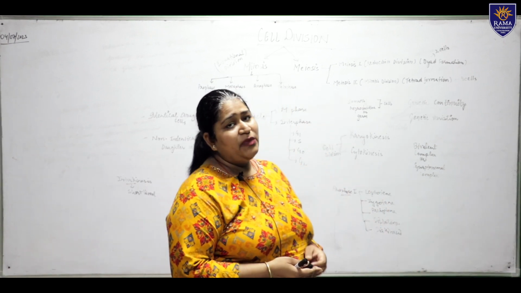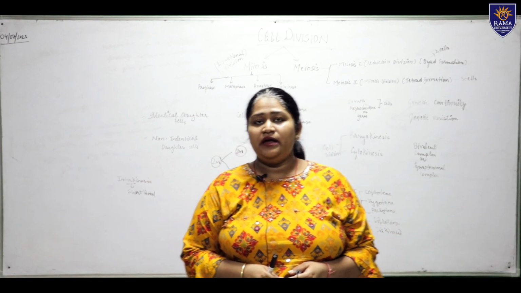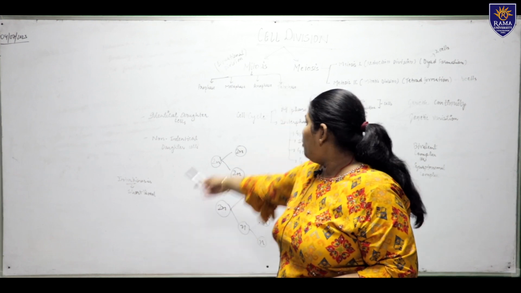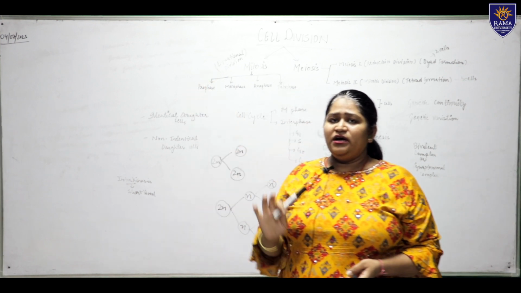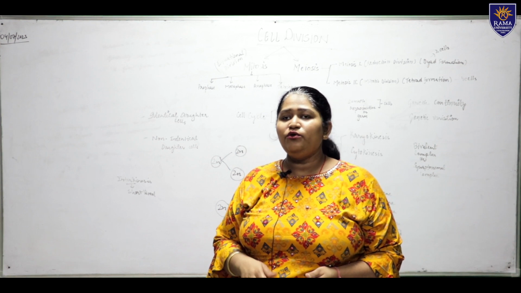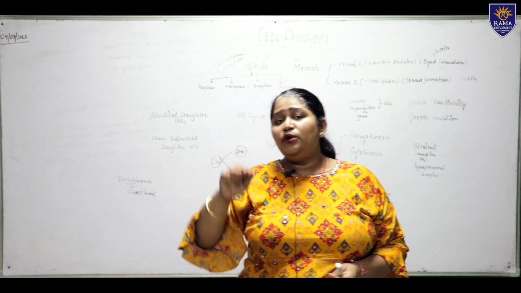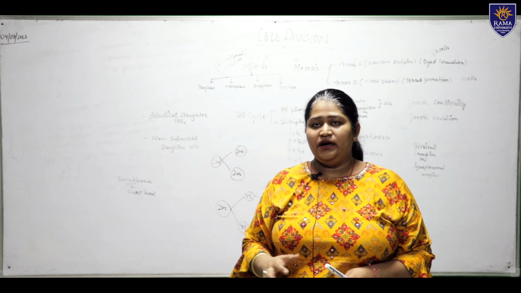First, mitotic division is divided into four phases, that is prophase, metaphase, anaphase and telophase. We have already studied cell division everywhere, so I am not going to tell you in great detail. Here we are talking only about an overview of these phases.